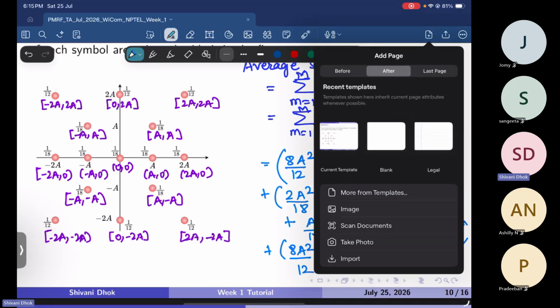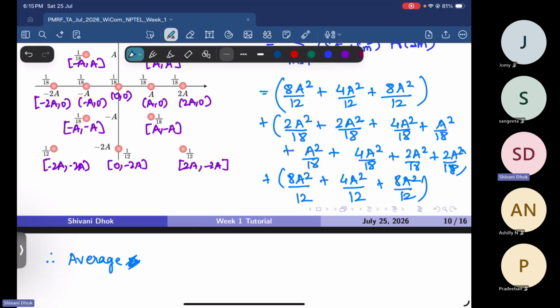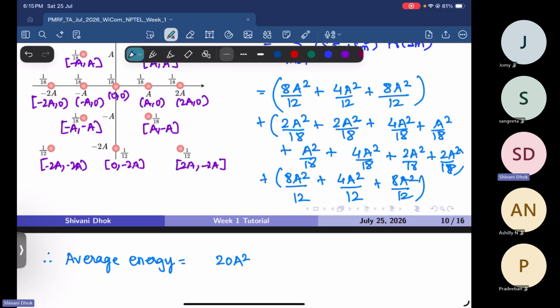Okay. So this, therefore, average energy is, this is 8 plus 4, 12 plus 8, 20, a square by 18, plus we have 18.